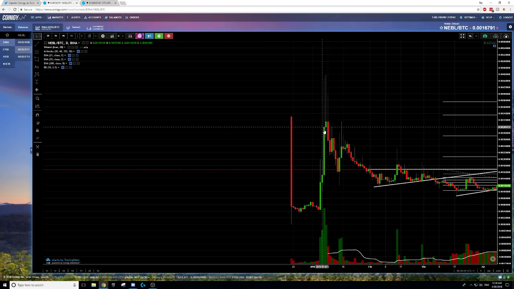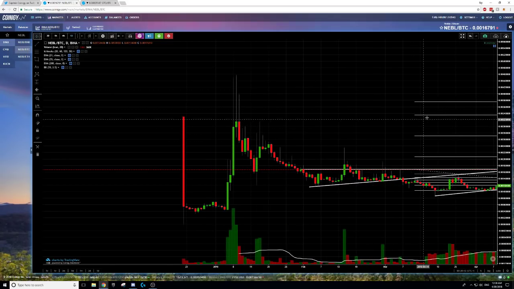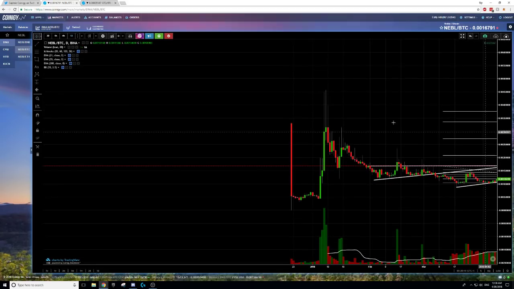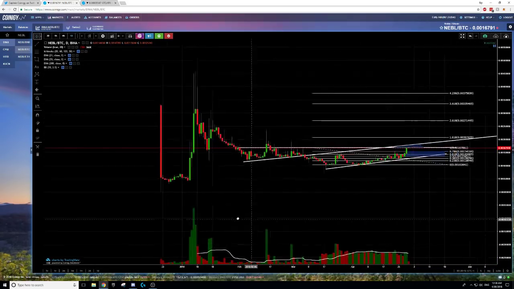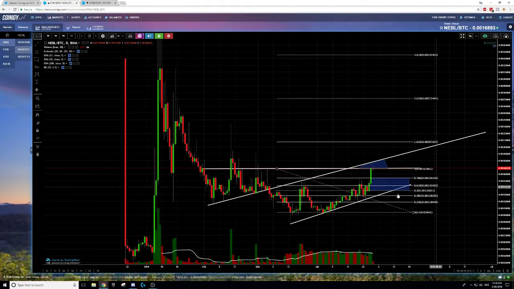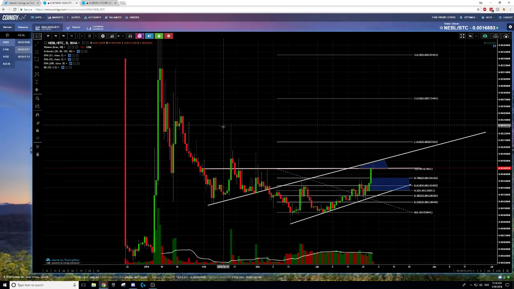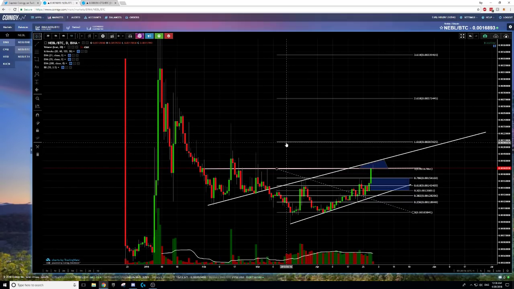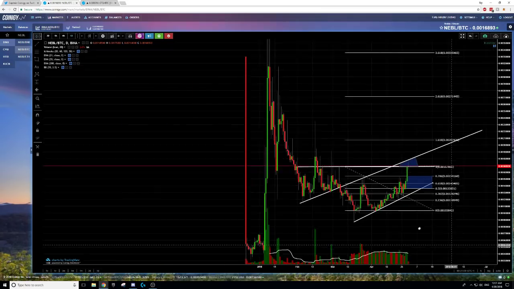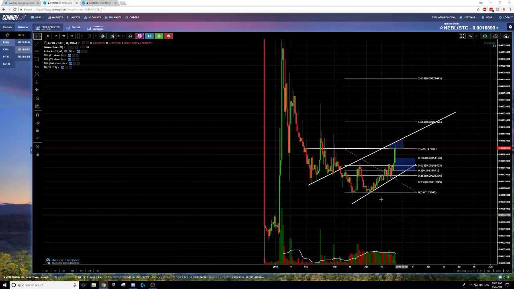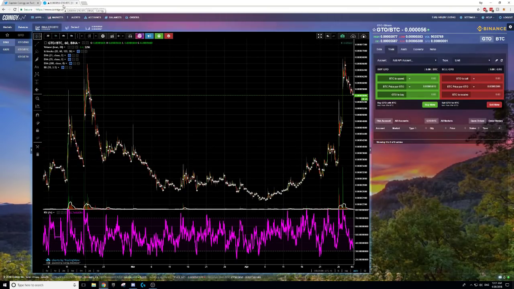That's FOMO at its finest. So this stuff you can't really rely on. But taking profits along this trend line at the high of here, obviously there's some FOMO going on here and here, but you could look at the 1618 for a level to take profit. There's a couple options. So yeah, there is NEBL.